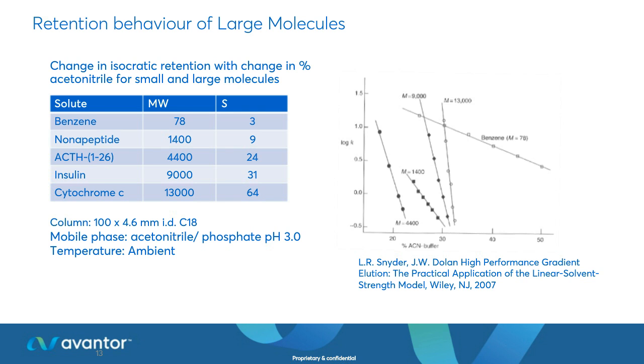So these ballistic gradients that we love for our small molecule UHPLC applications do not work particularly well when we're working with proteins, because any small change in acetonitrile could lead to a very big change in that retention. So it's much better to work with shallow gradients for our protein separations, and you can narrow the range.